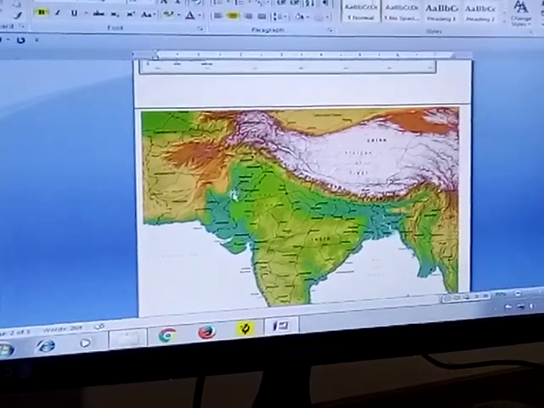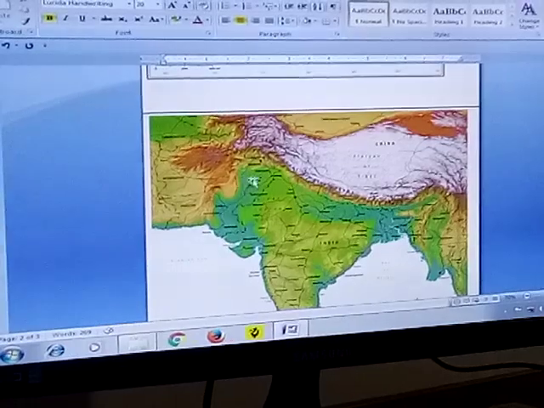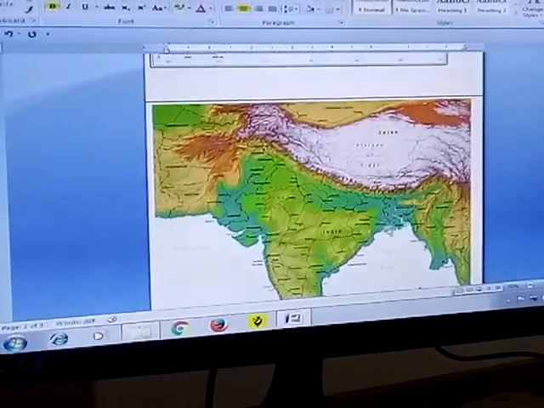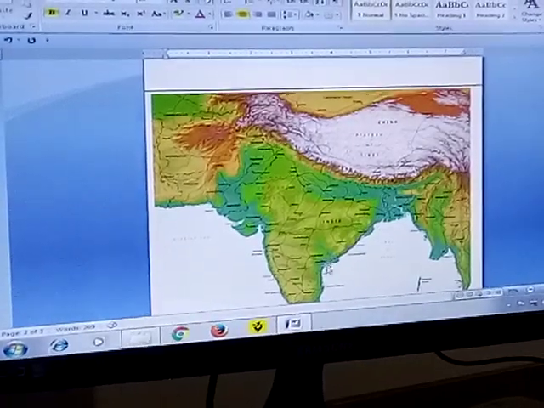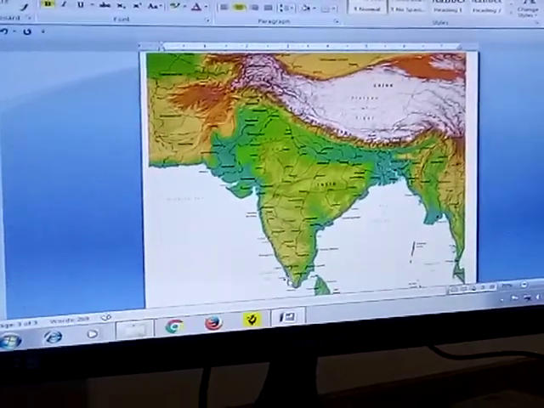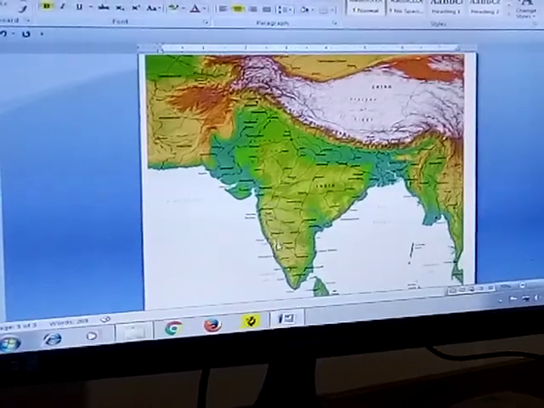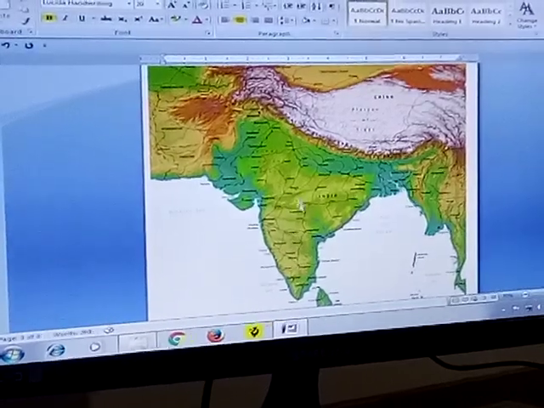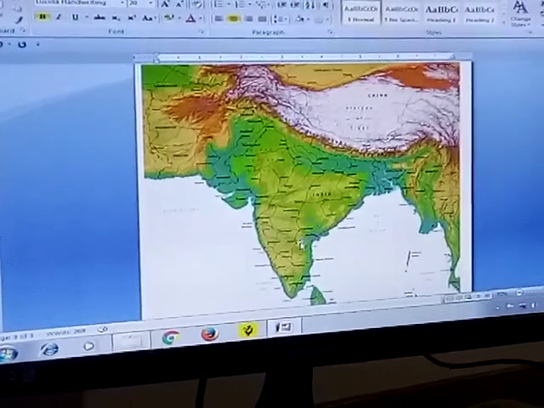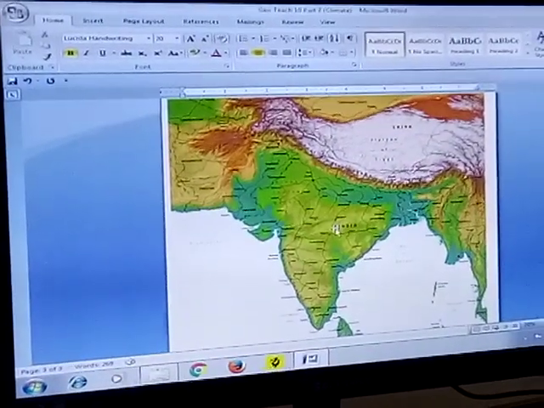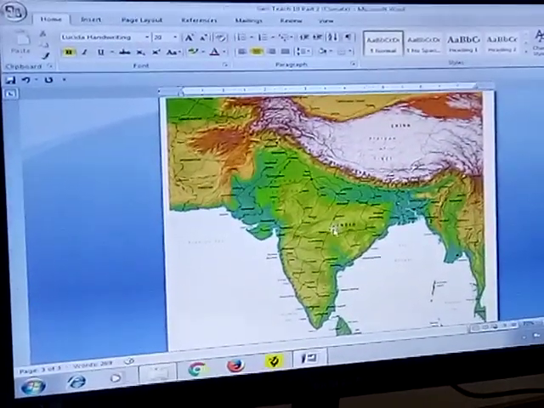Whereas this is the Thar desert area, where the temperature is very high. These are all coastal regions, so they will have a moderate type of climate. At the same time, in the middle, these are all rain shadow areas. Therefore, the temperature is high and rainfall is comparatively less.